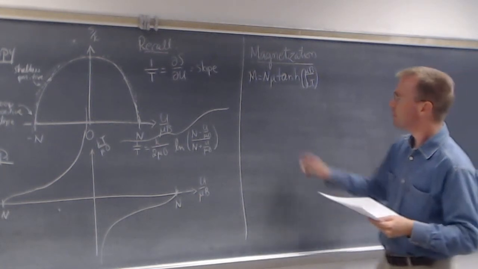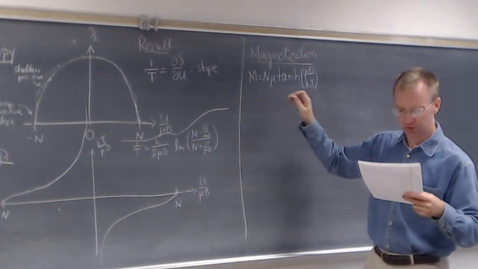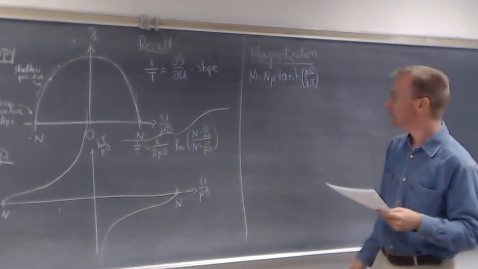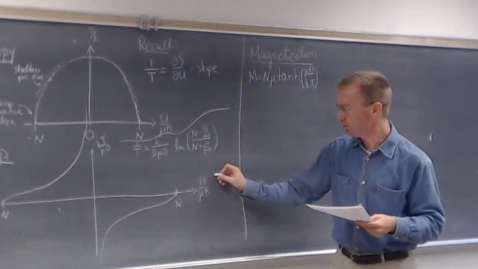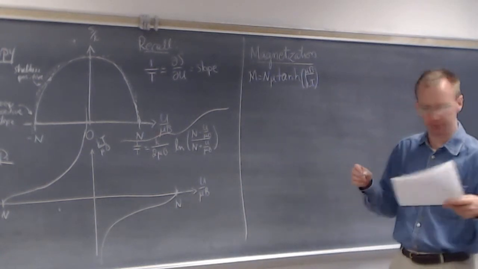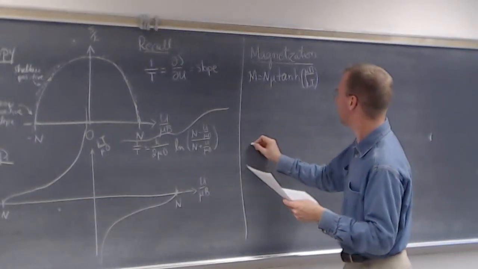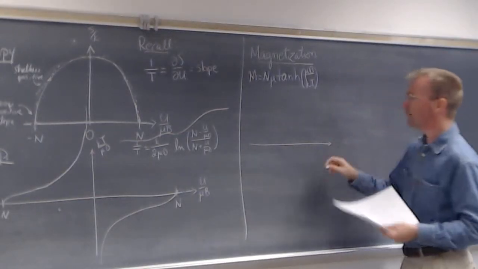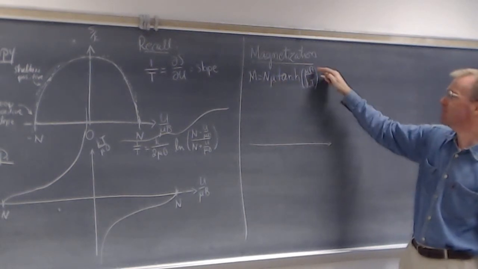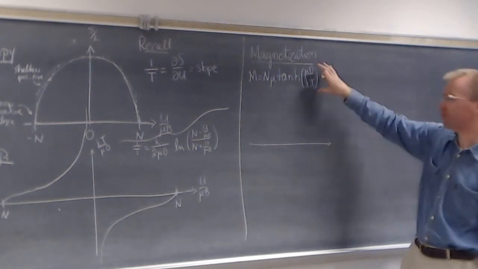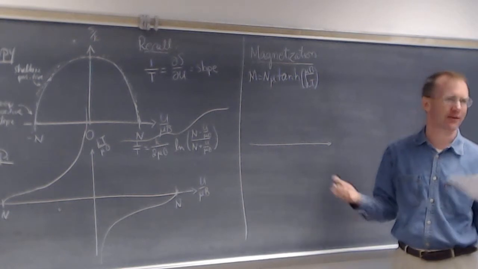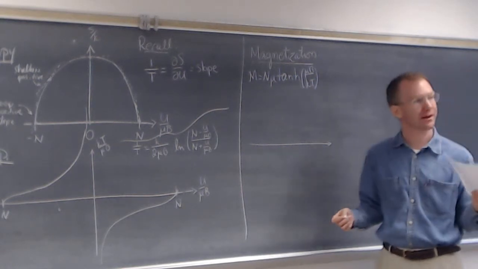Because magnetization is negative U over B, negative energy over magnetic field, then we're going to plot it in terms of, well, not U over mu B, but kT over mu B. It will be our independent variable. Despite the fact that we've got the formula written as N mu tanh of mu B over kT, so we're actually inverting this argument here. So again, which way you want to plot these is not always immediately obvious.